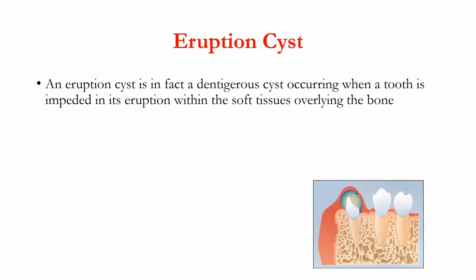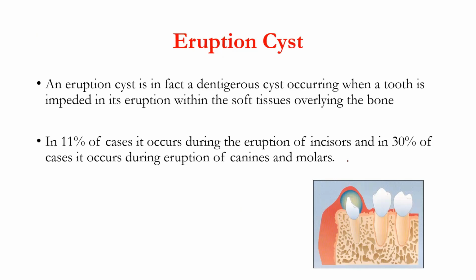It is seen in the soft tissue which is associated with an erupting tooth. And again associated with canines and molars, and apart from that, incisors are the most commonly affected teeth. The cause for this is unknown. So in this case, I cannot really tell you the etiopathogenesis of the lesion.